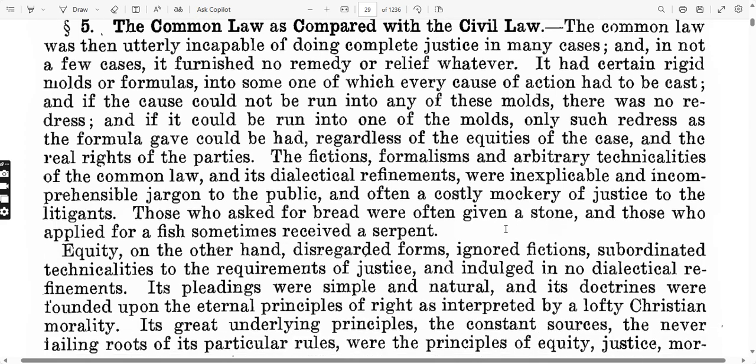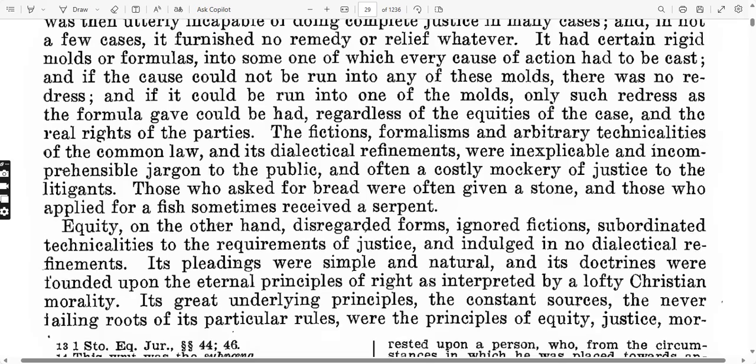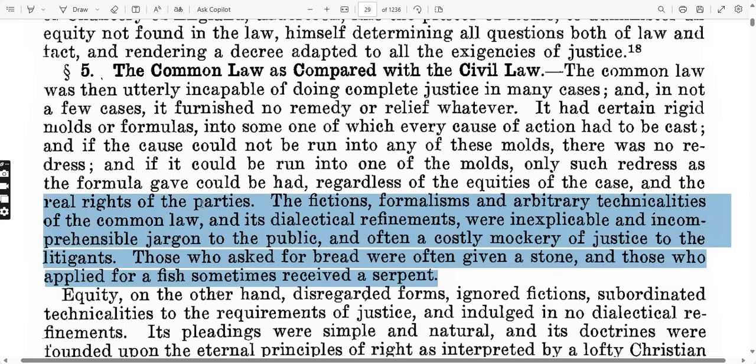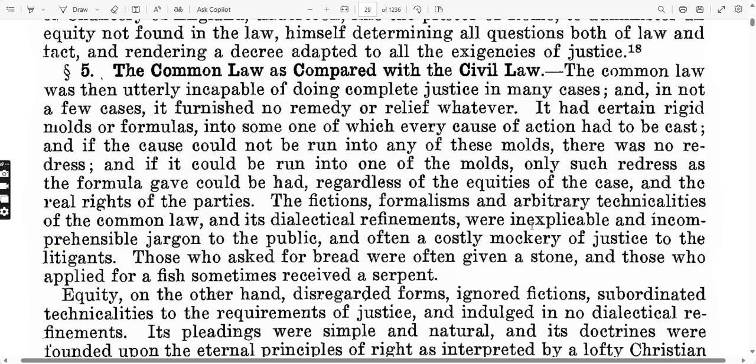Those who asked for bread were often given stone, and those who applied for fish sometimes received a serpent. So basically they're saying that the common law was just very, very inadequate. It couldn't really give proper remedy. It was a lot of incomprehensible jargon to the public, kind of like what we have right now.